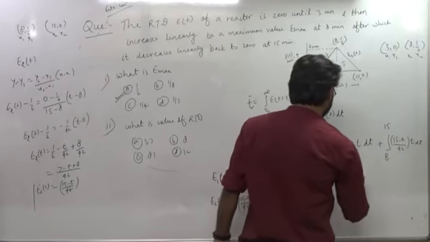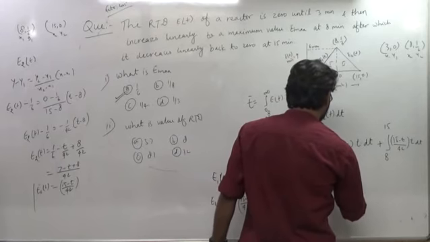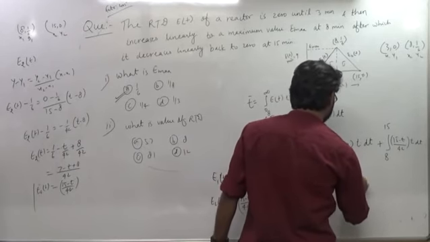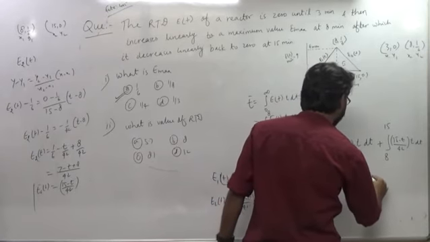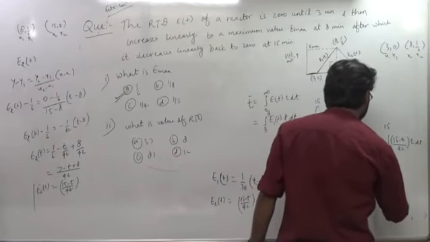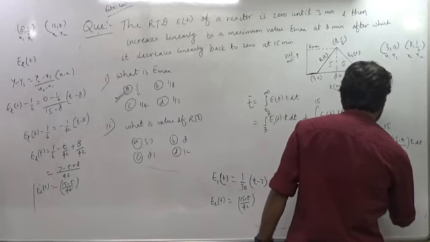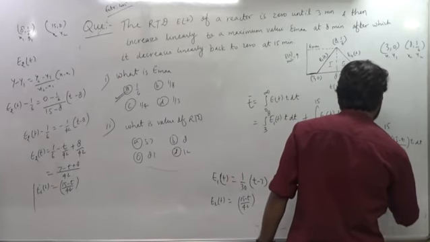Now t square divided by 2 minus 3t, from 3 to 8, plus 1 divided by 42 is common here, so it will be constant.